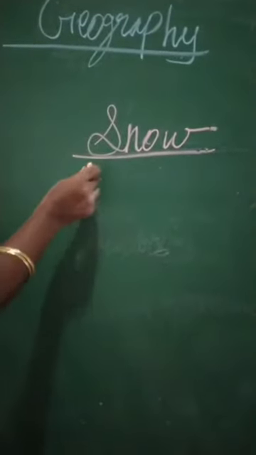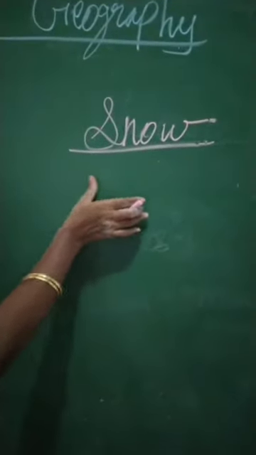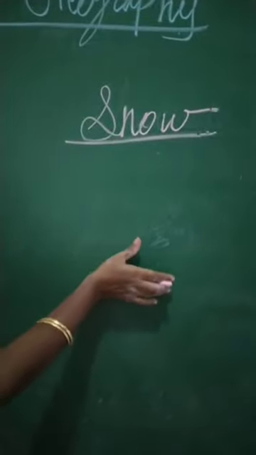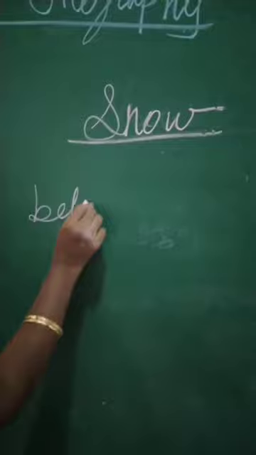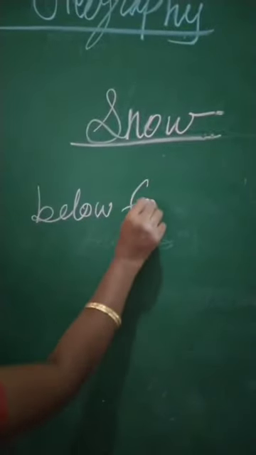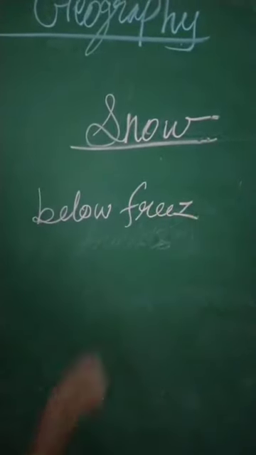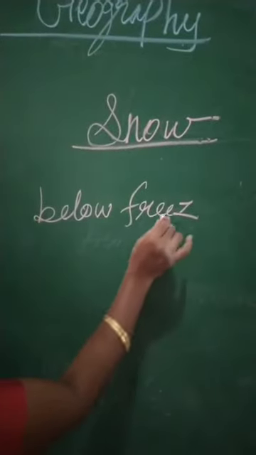Students, now we are going to learn snow. Snow is formed when condensation occurs below freezing point.